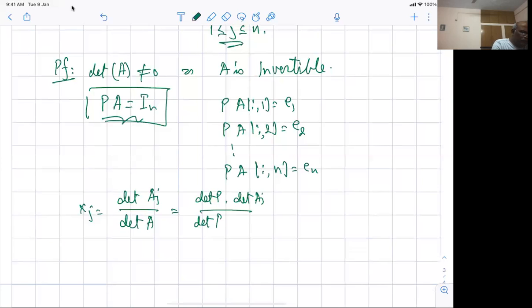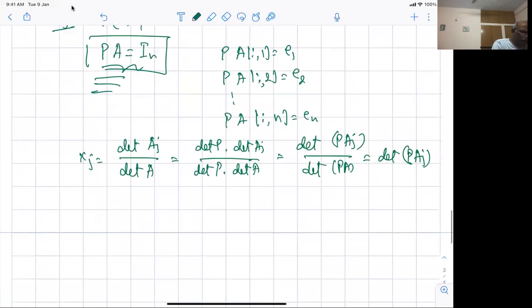Determinant of P into determinant of A, I can write like this, which is the same as determinant of PAj by determinant of PA. Now determinant of PA is 1. So this is the same as determinant of P times Aj. And which you want to look at, so it is the same as the determinant of this matrix. P times A1 is E1, then it is E2 here. It will be Pb in the jth column, and then so on En here.